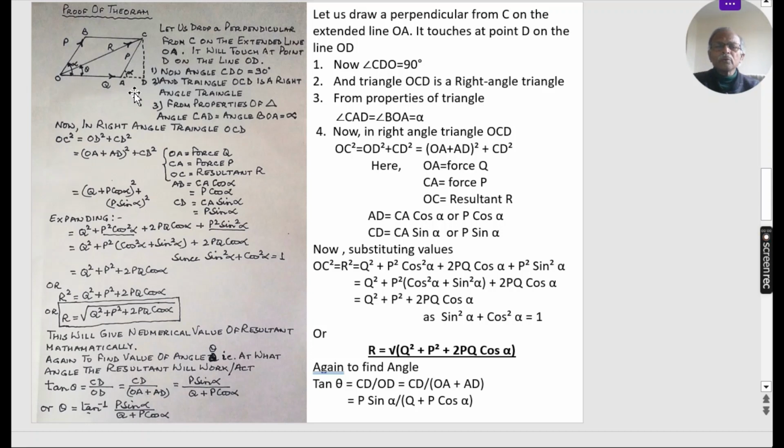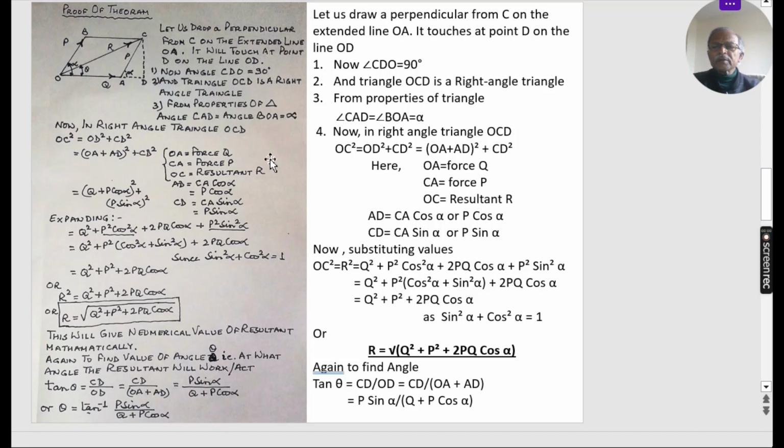So what we do, we try to find out AD. AD is what? AD is CA cos, that means AC cos of this alpha will give me the AD, and similarly CD will be AC sine of alpha. Okay, this is all from properties of triangle.